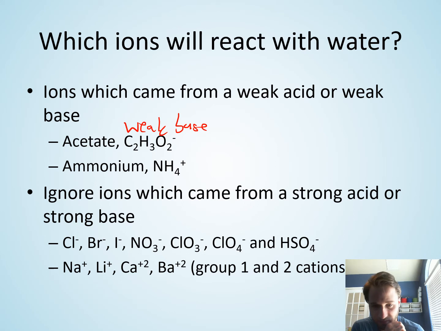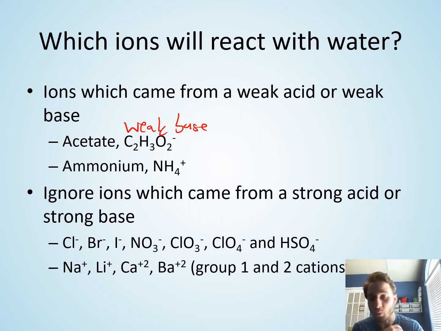Now, the ions that don't impact the pH of a solution are ions that come from strong acids or strong bases. So they're conjugate acids or conjugate bases of a strong acid or strong base.